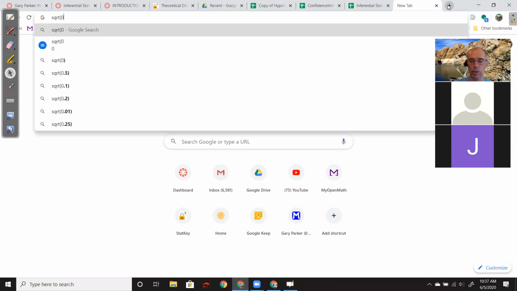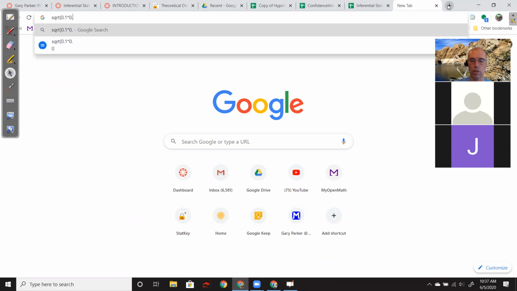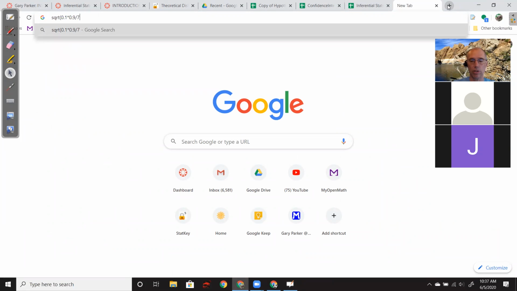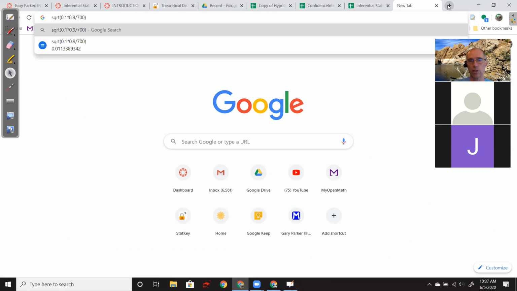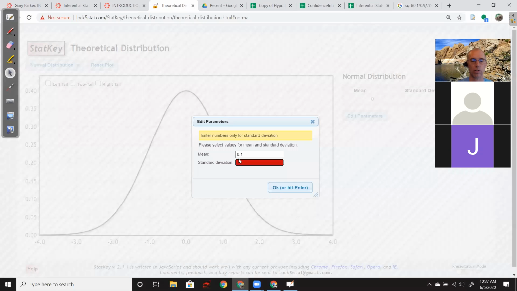So the square root of 10% times 90%, divided by 700 is the formula for the standard error of a proportion. I'm just going to copy that and stick it in StatKey. It's one nice thing about the Google calculator or a spreadsheet: you can just copy numbers from one place and stick them somewhere else. So that goes here.